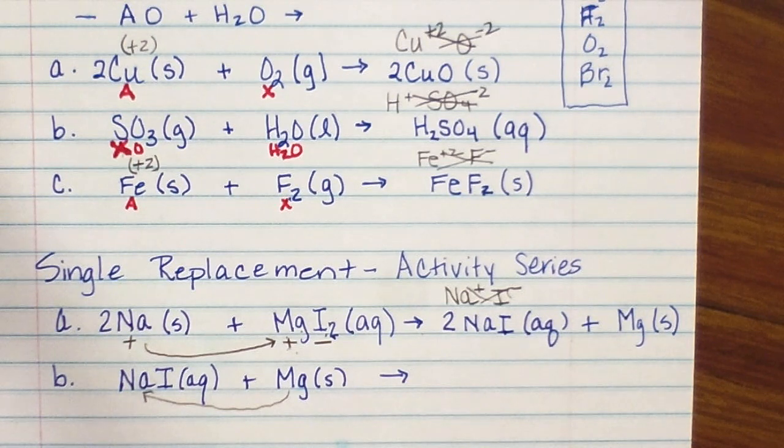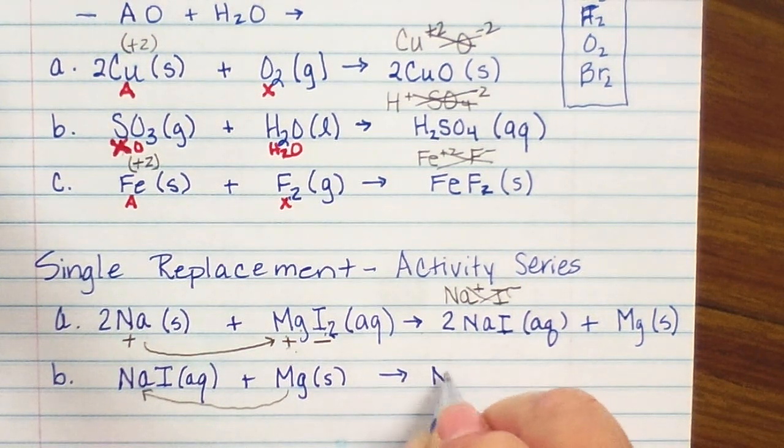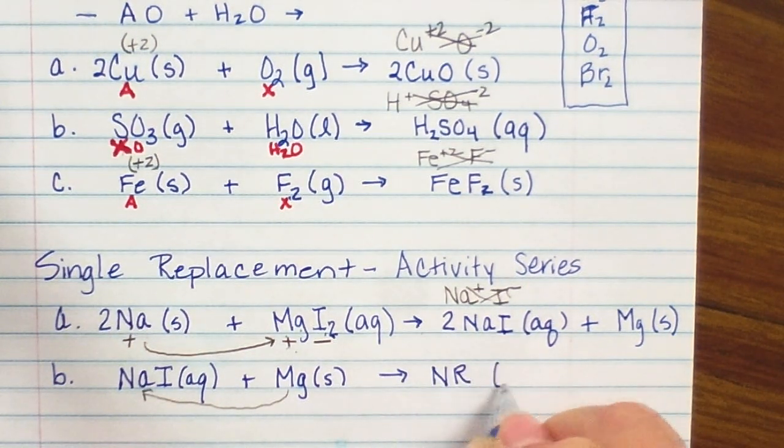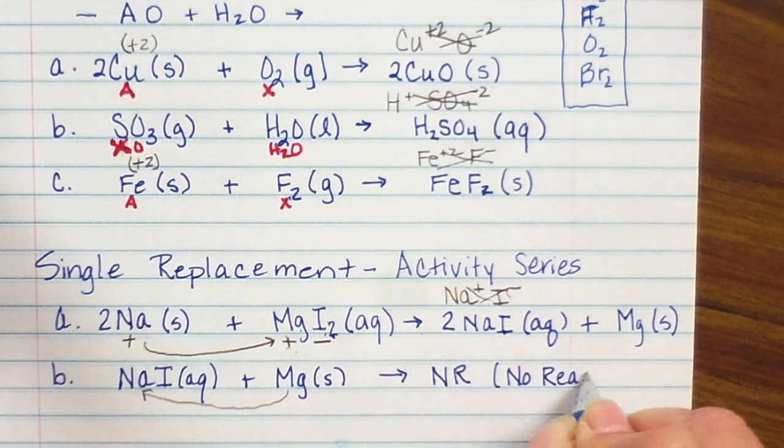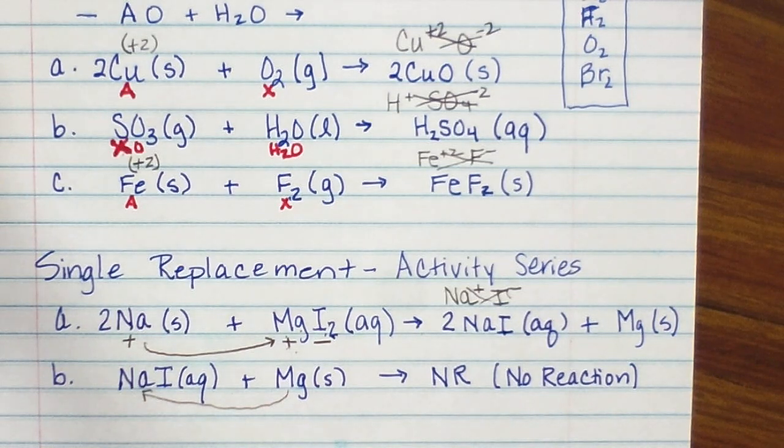Now, we know who's going to win this match, don't we? Right? Okay, because sodium is still going to win. So what we do here is we write NR for no reaction. That's what that means. No reaction, because bottom line is the products are going to be the same as the reactants, so literally nothing is going to happen here.